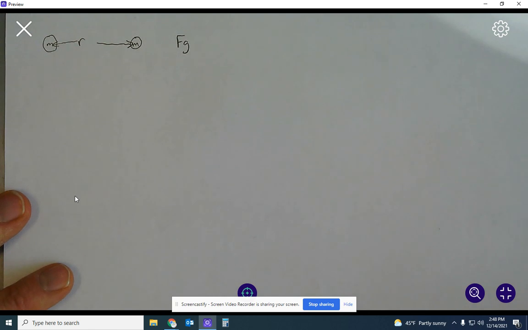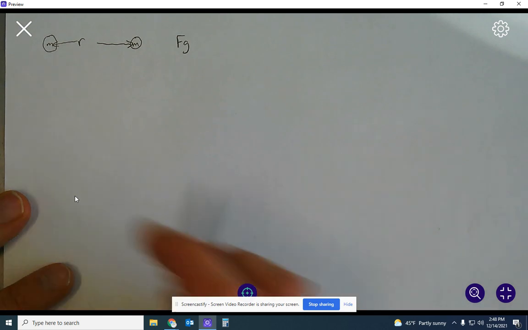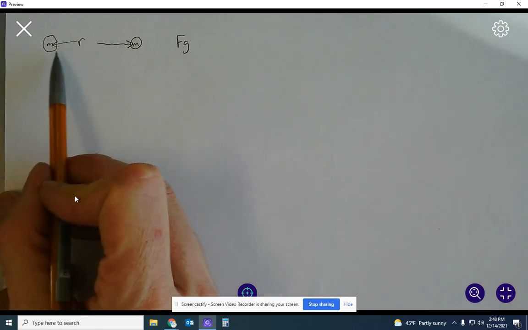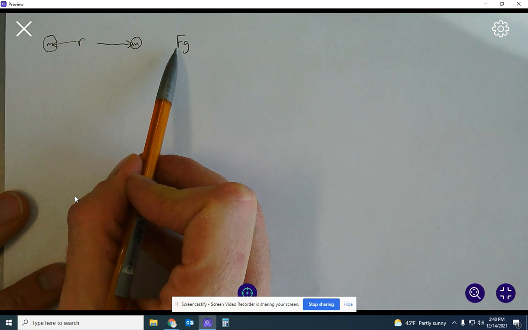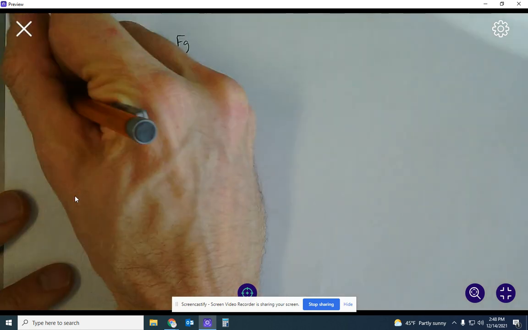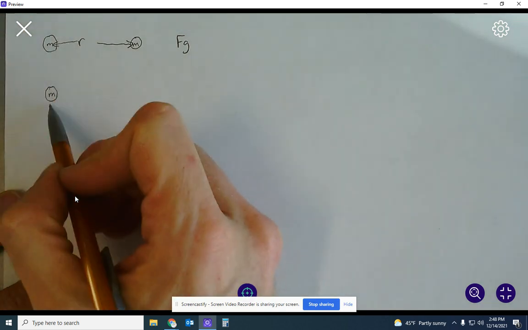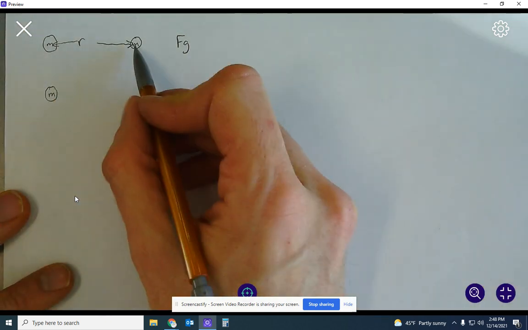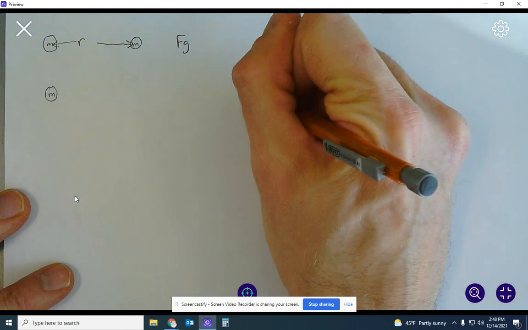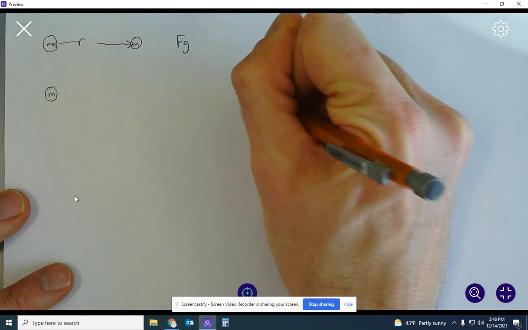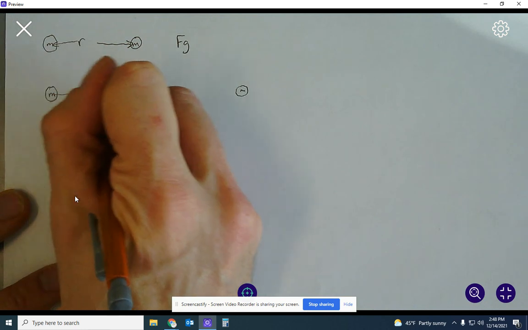We might be asked something like, what happens if we play around with the factors that go into this force? For instance, what happens if we take this mass, and show this mass as being twice as far away from that first mass?